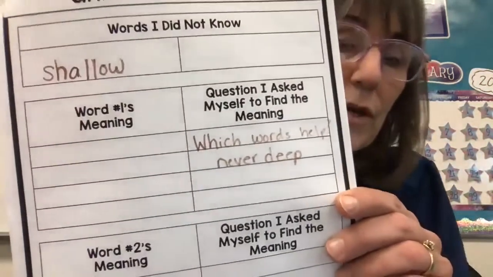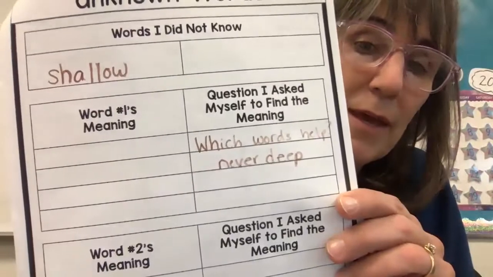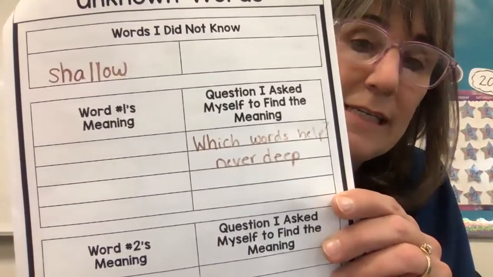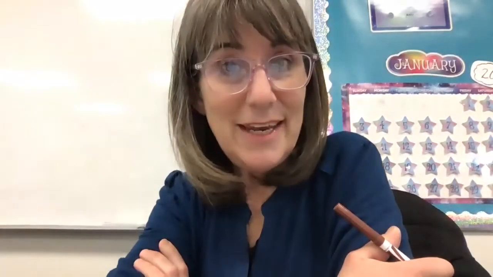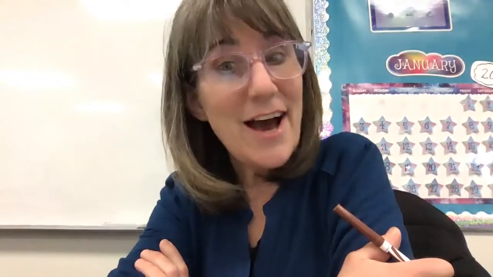My pen's running out of ink there. Okay, so which words help? The words never deep. That's the one that helps the most, right? And that becomes our meaning. So we could say not deep as our meaning, right?